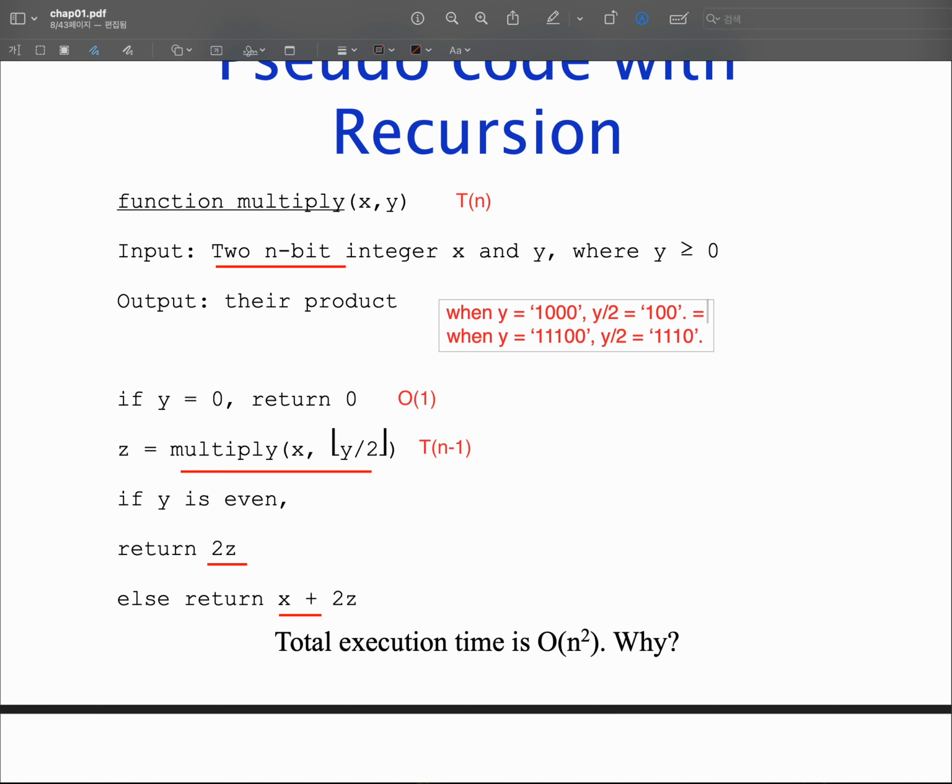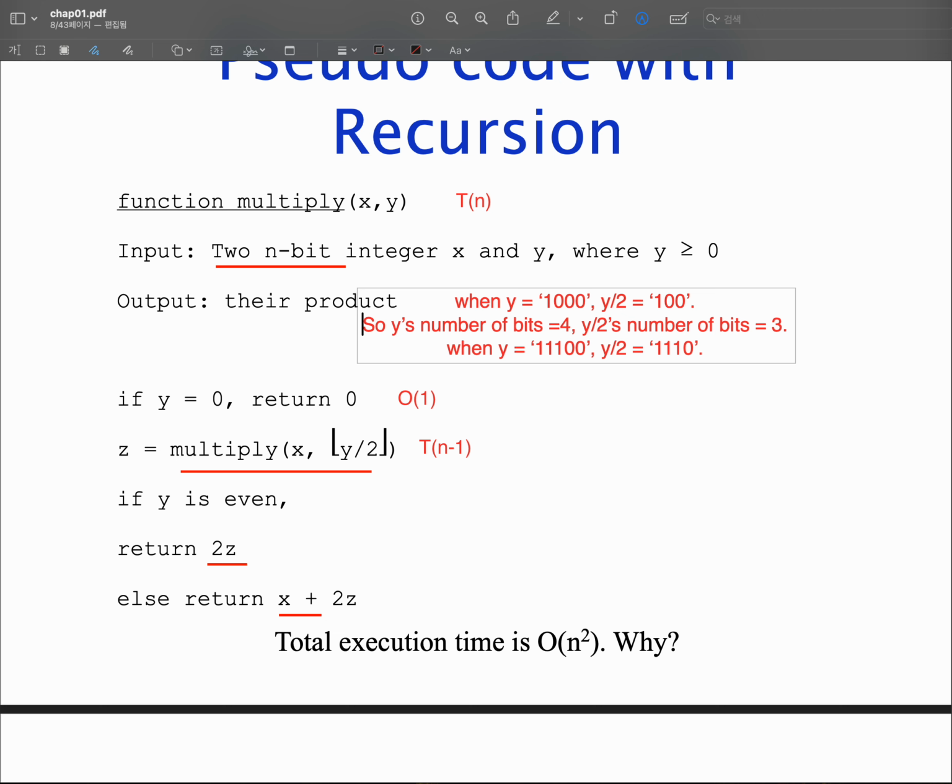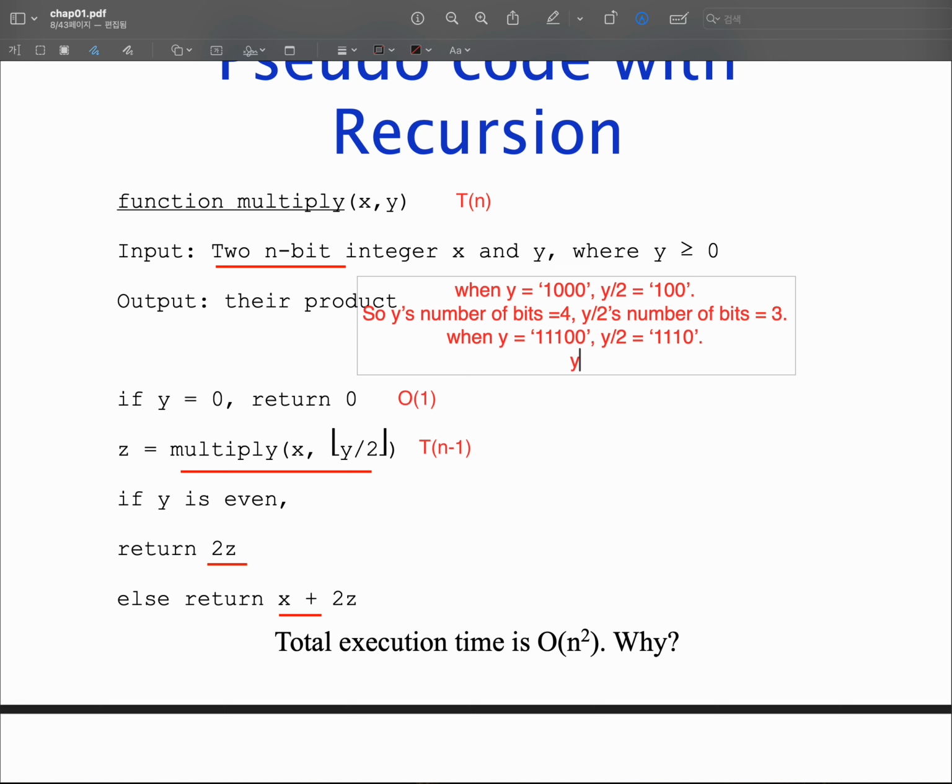So y's number of bits is 5, and 4. y by 2's number of bits equals 3, okay? y's number of bits equals 5, y by 2's number of bits equals 4, okay?